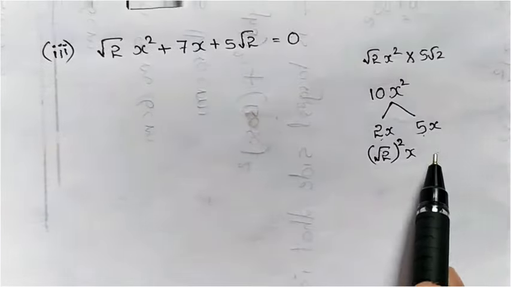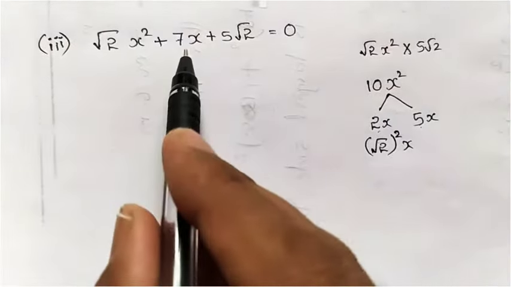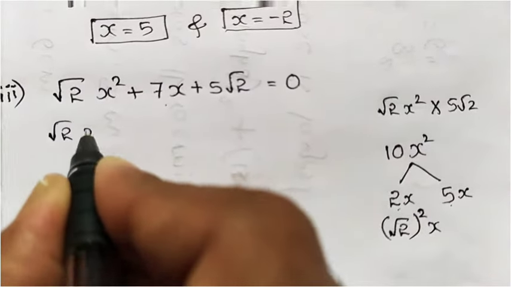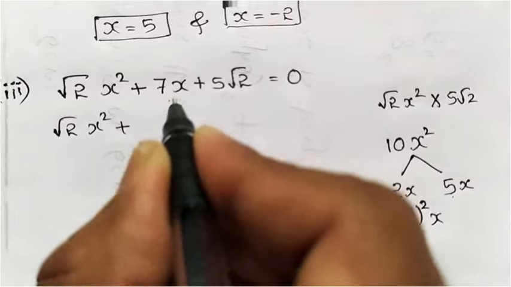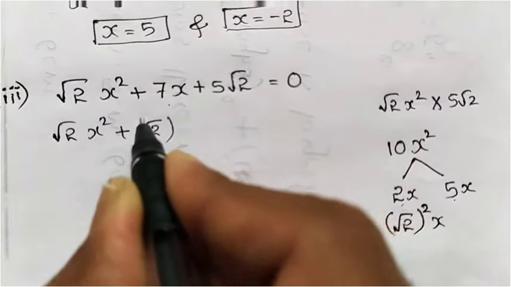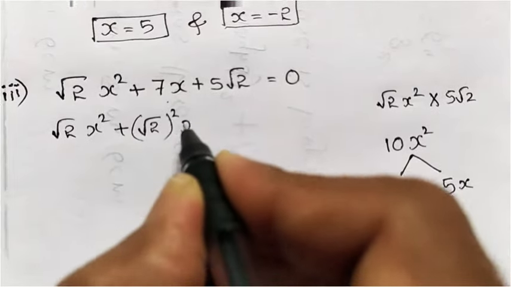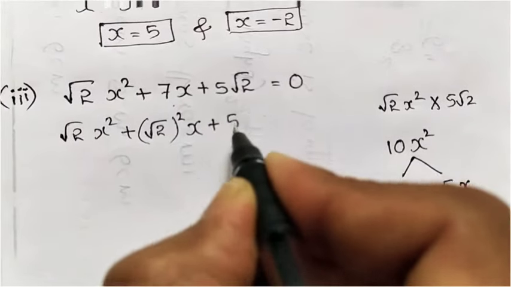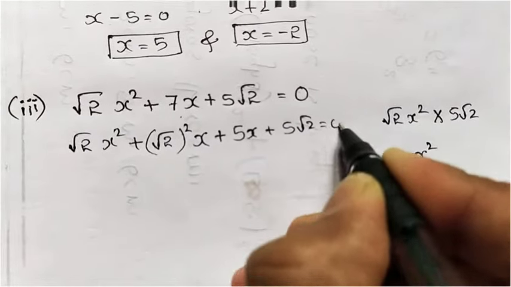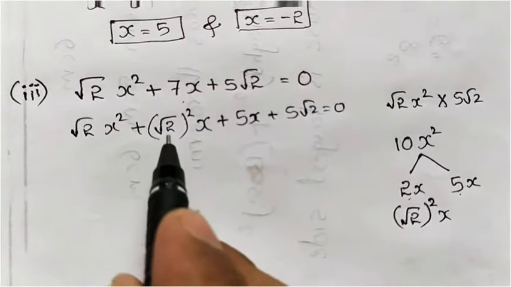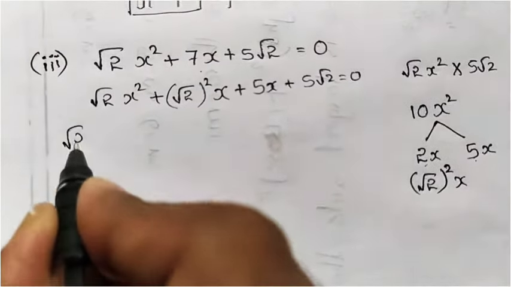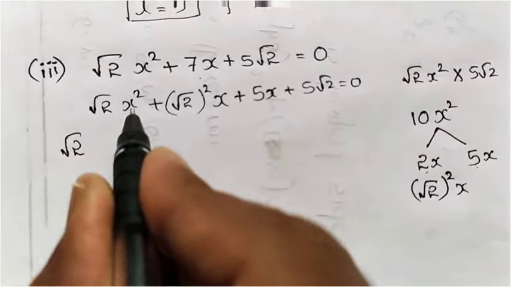Here 5x is there. So in place of the middle term, I will write root 2 x square plus root 2 whole square x plus 5x plus 5 root 2 equal to 0. Here root 2 whole square is there, so take root 2 common, and inside we have x square plus x.